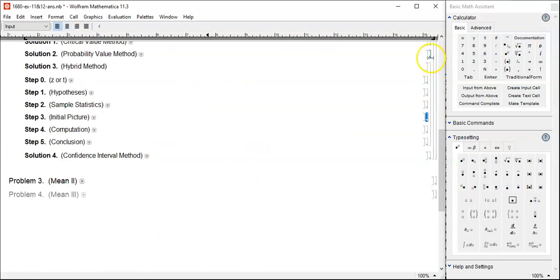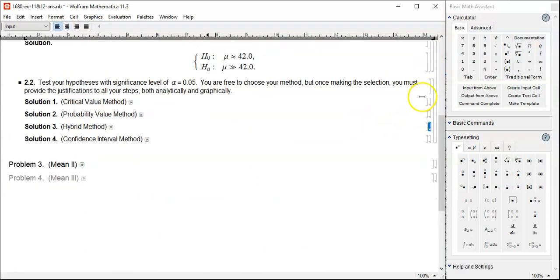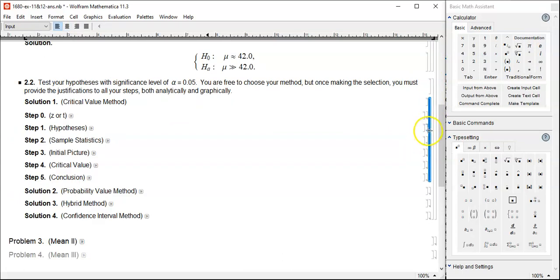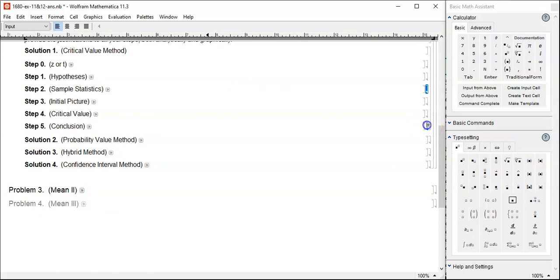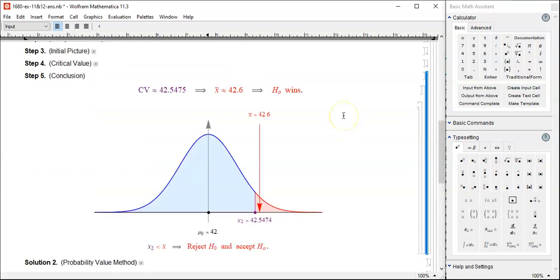Let's go back to method number 1. If you follow this, it's relatively easy to understand, and you don't really have much to worry about. You get the critical value through z-table computation. Once you put it in a normal picture centered at the null, then it's pretty clear where that observed mean x-bar is falling.